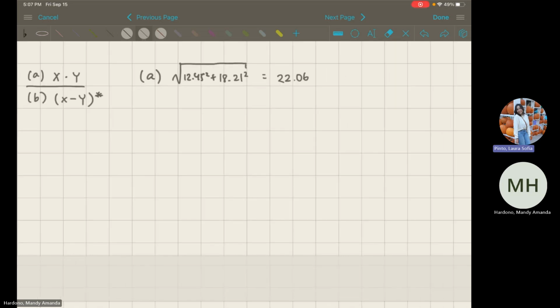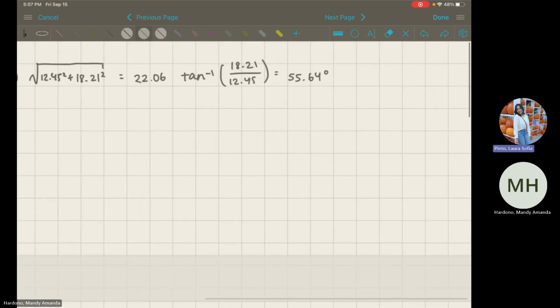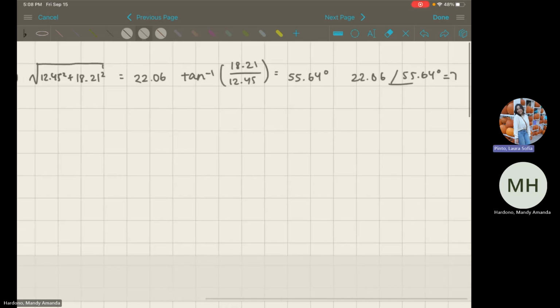And then for our phase, it's 55.64. Do we have to adjust this? Good, good, good. So you're going to write it as 22.06 at 55.64 degrees. This is X.